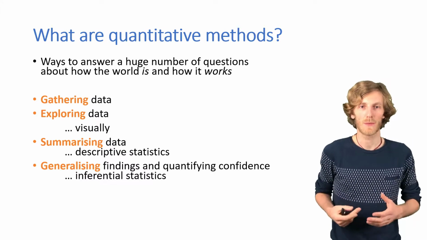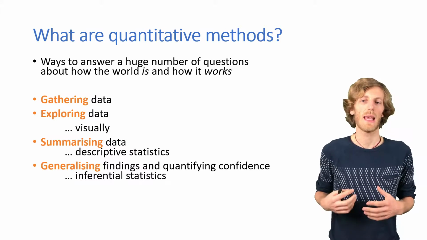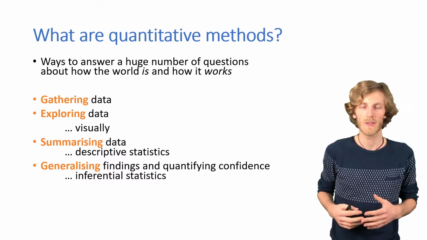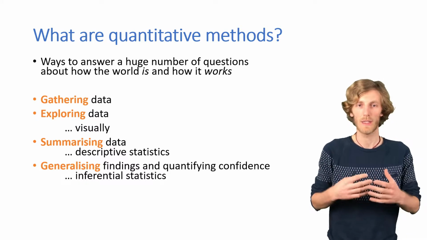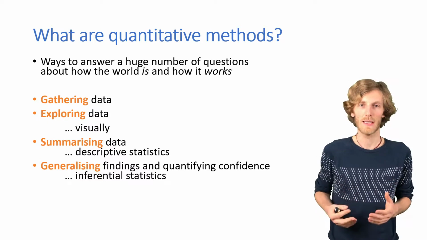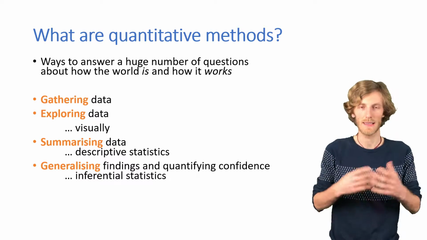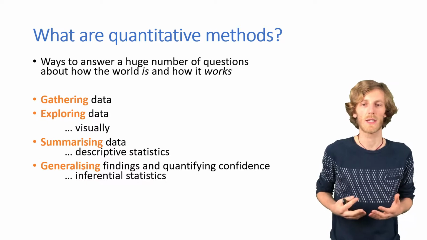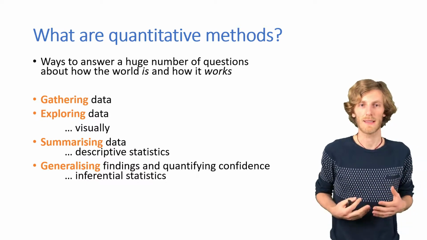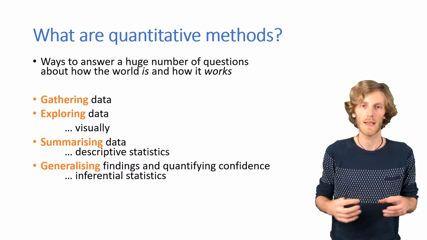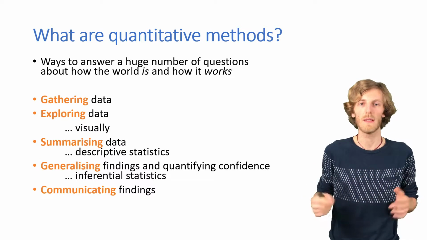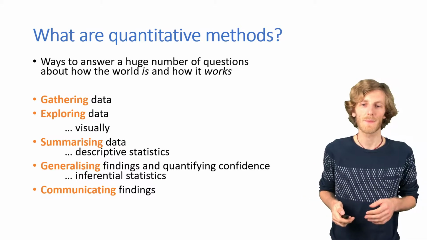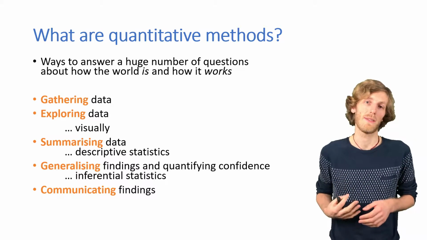In the next step, we might want to generalize findings and quantify our confidence. So if we find a relationship with a certain sample of countries in a certain year, how confident are we that this is actually true across countries, across time? And that's what inferential statistics is all about. Generalizing from our observations to a broader set of cases. And then communicating findings really matters.